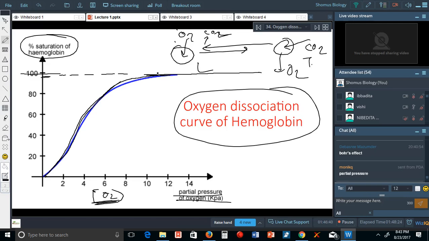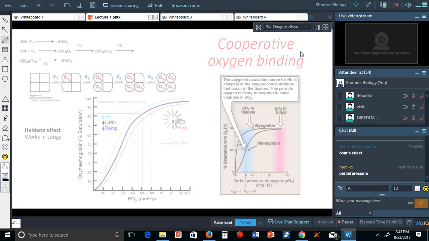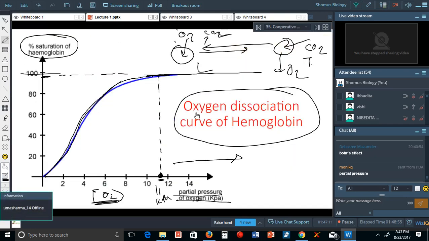At this point, a partial pressure of 11 kilopascal, all the hemoglobin oxygen binding sites are saturated. So there is no further oxygen binding even though we increase the partial pressure of oxygen. No benefit. Now the question is, why are we looking at this?